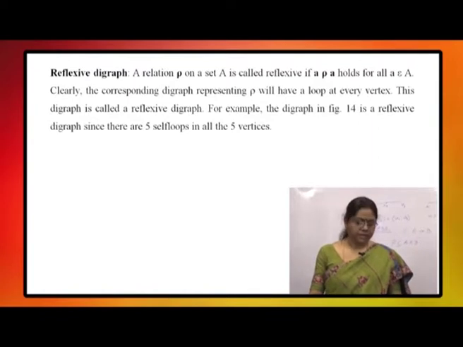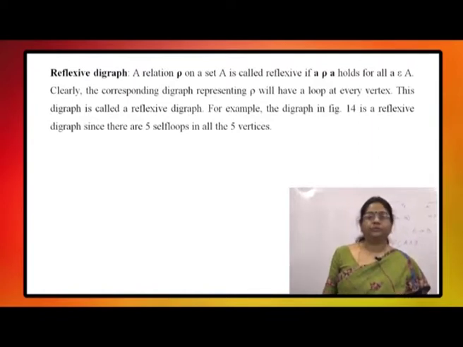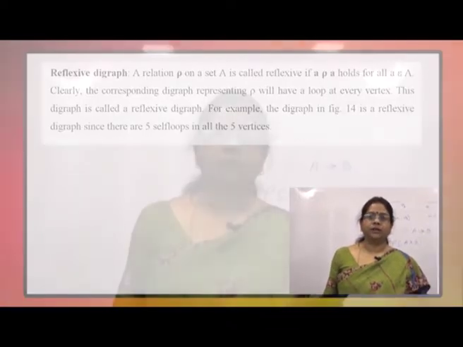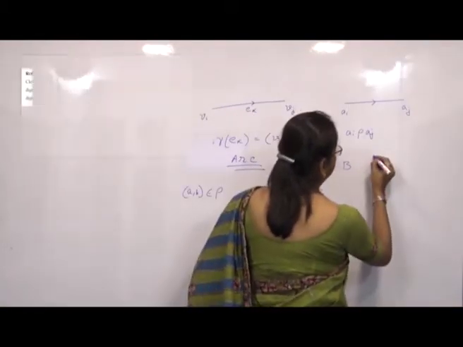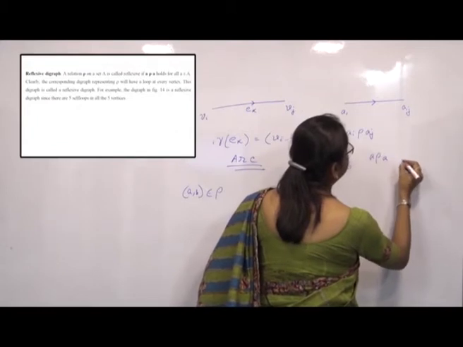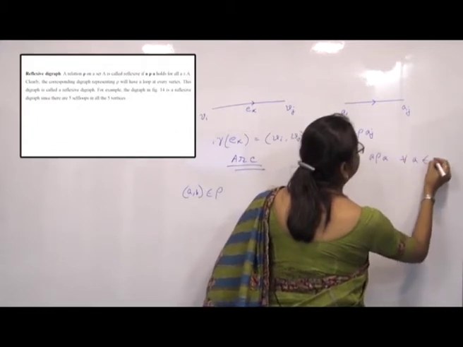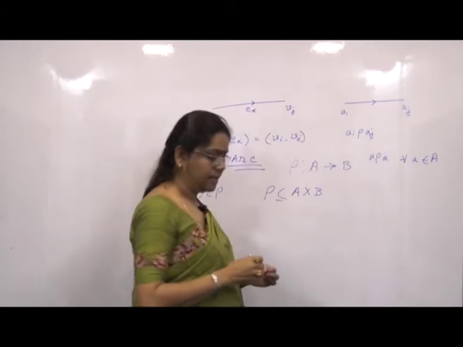A reflexive digraph is a digraph which represents a reflexive relation. We know that a relation rho on a set A is called reflexive if a rho a holds for all a in the finite set A.